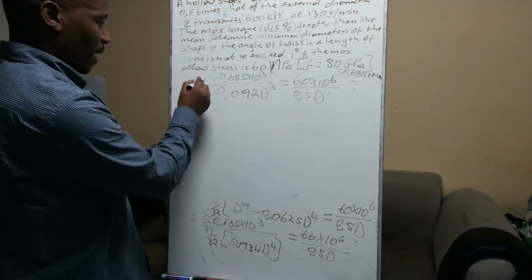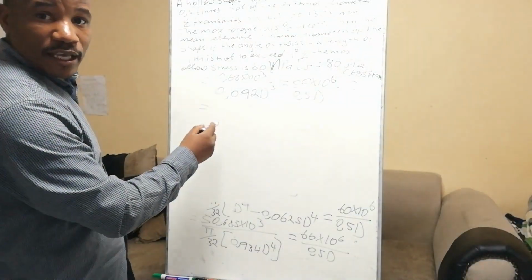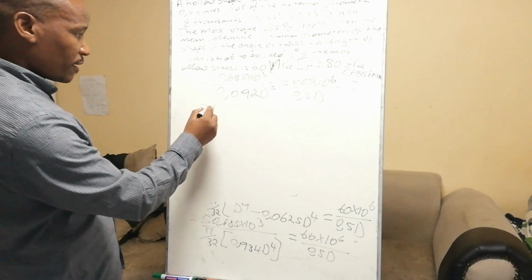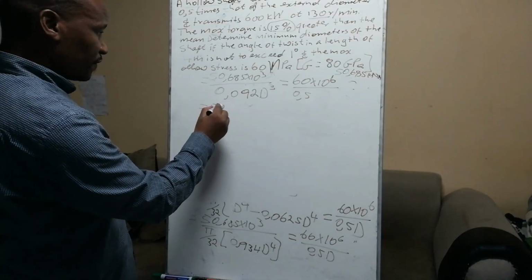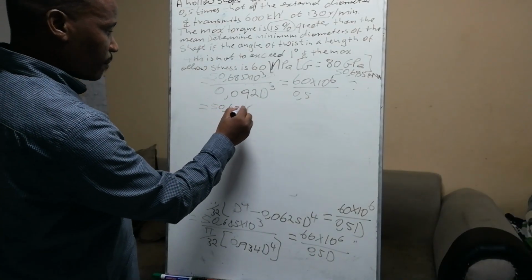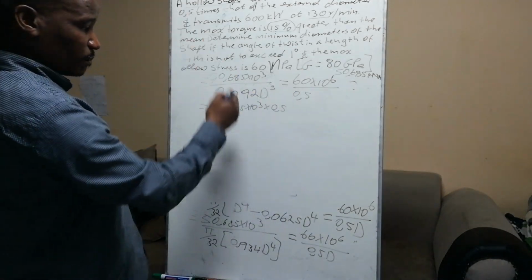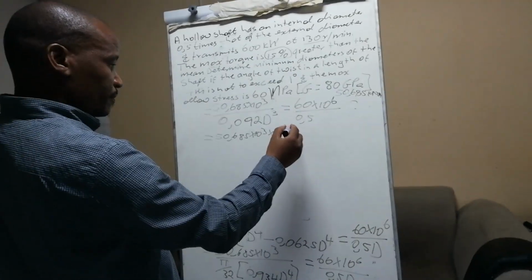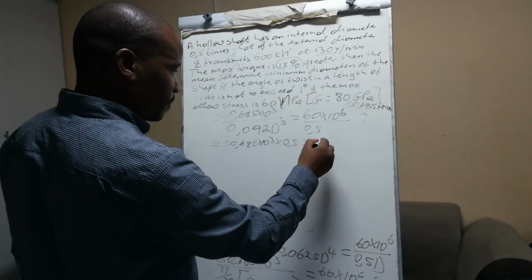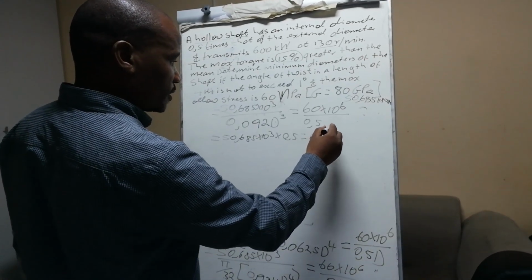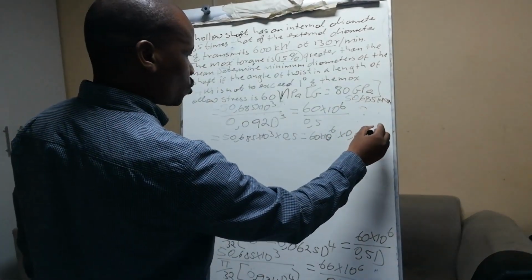Now I can cross multiply. That's the easiest way we will do it. There is no more D here, so you can say 50.685 multiplied by 10 to the power 3 multiplied by 0.5, cross multiplied, is equal to 60 multiplied by 10 to the power 6 multiplied by 0.092 D cubed.